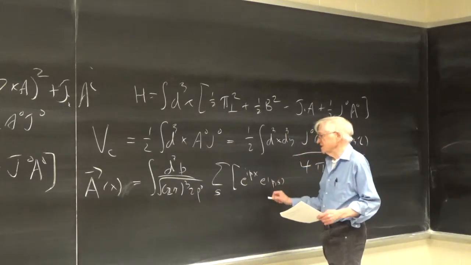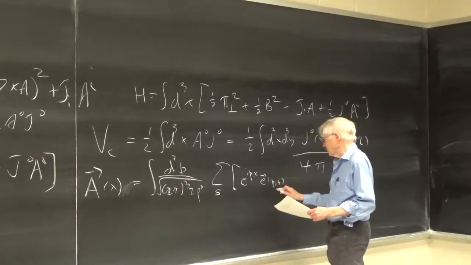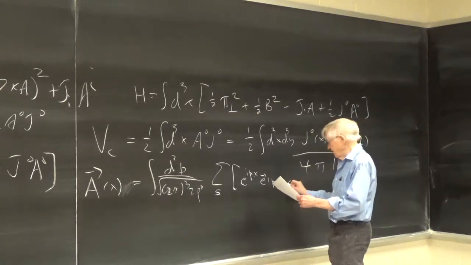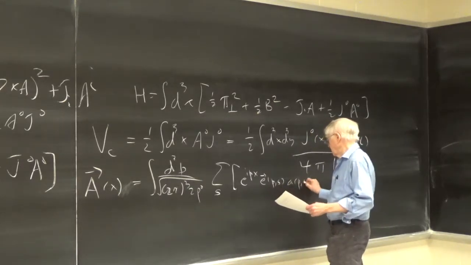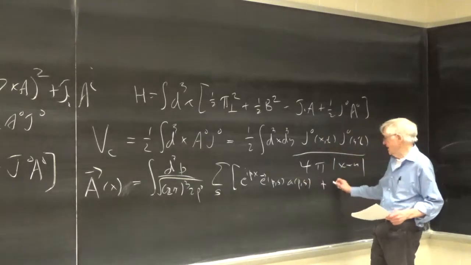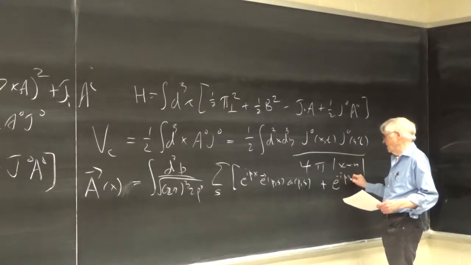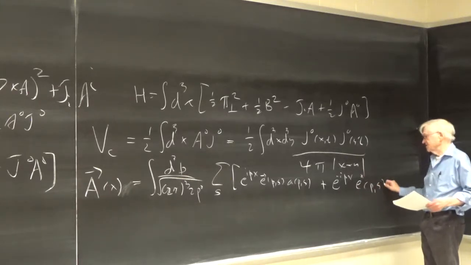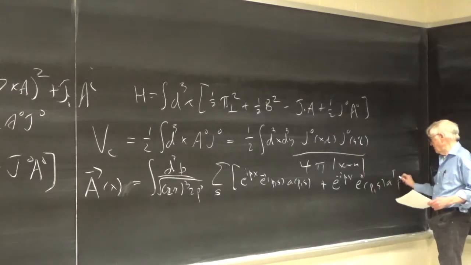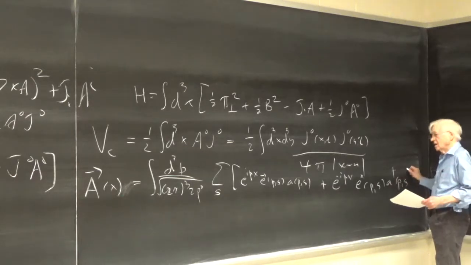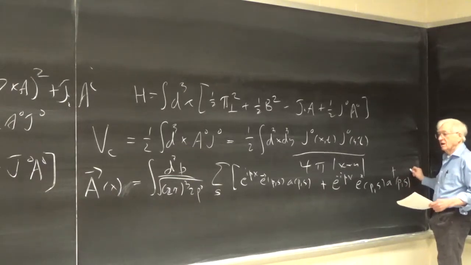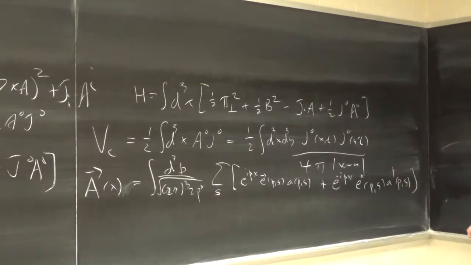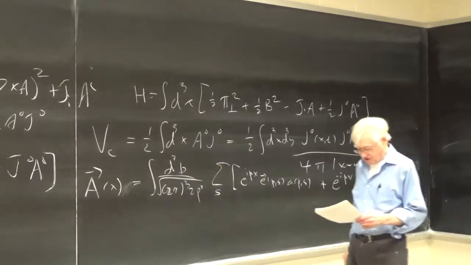This is a polarization vector, a 3-vector, times the annihilation operator a(p,s), plus the adjoint term, e to the minus i p x, e star of p and s, a dagger(p,s). Okay, so that's the transverse electromagnetic field.